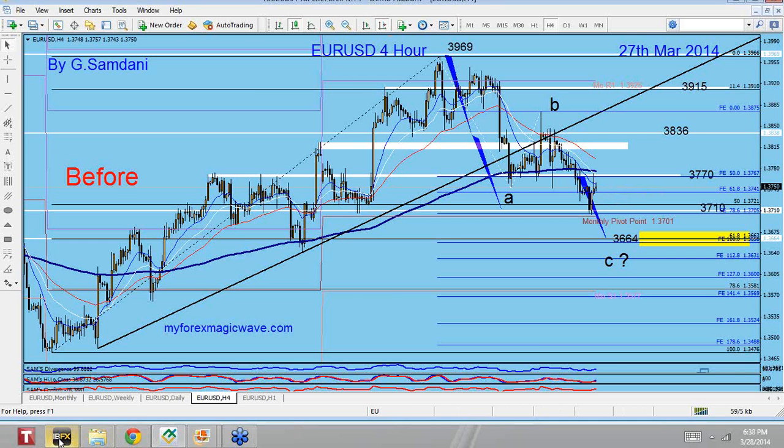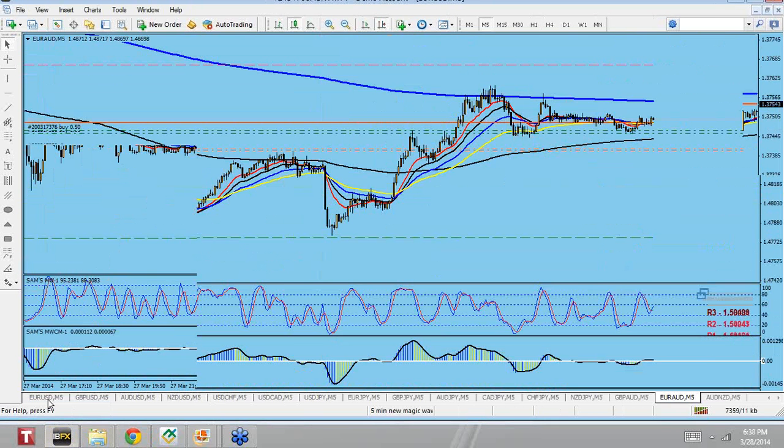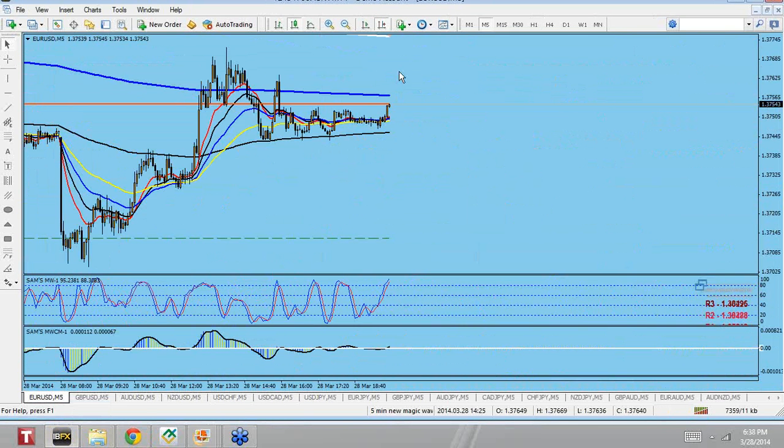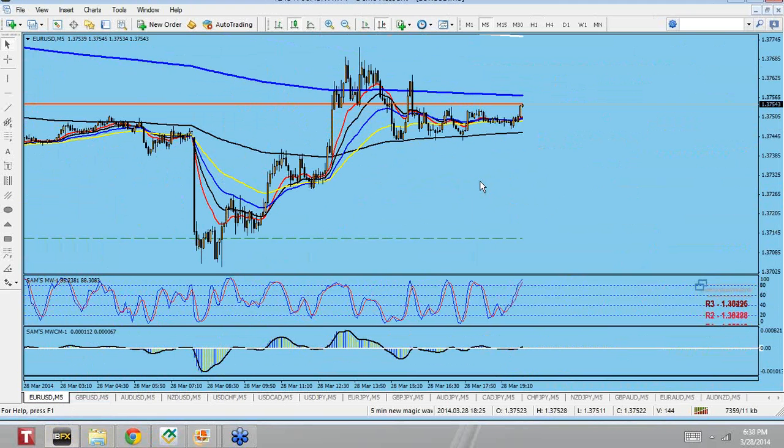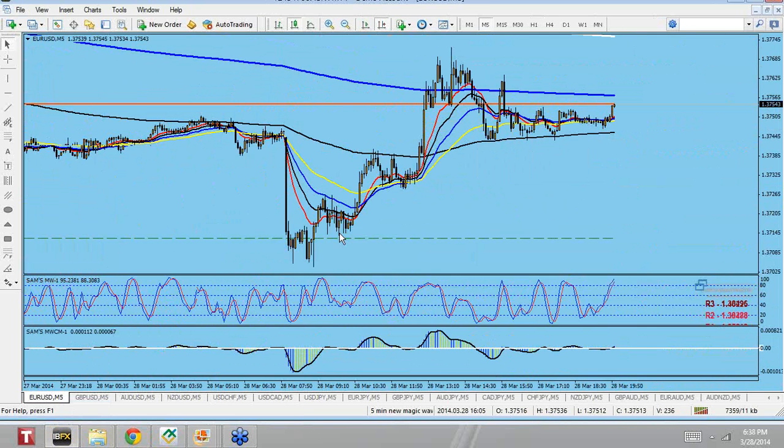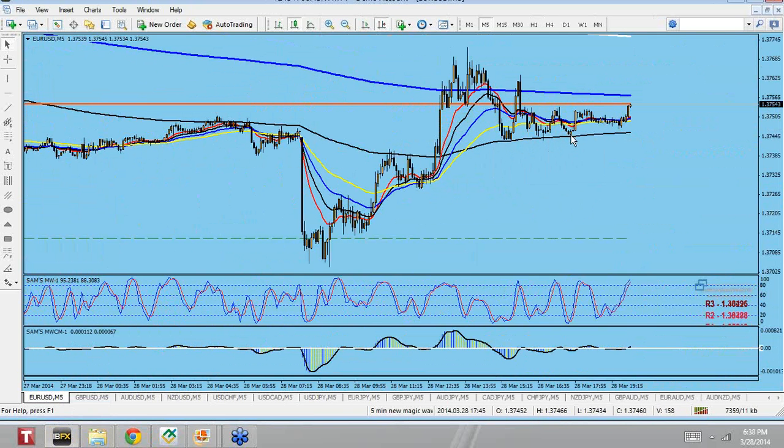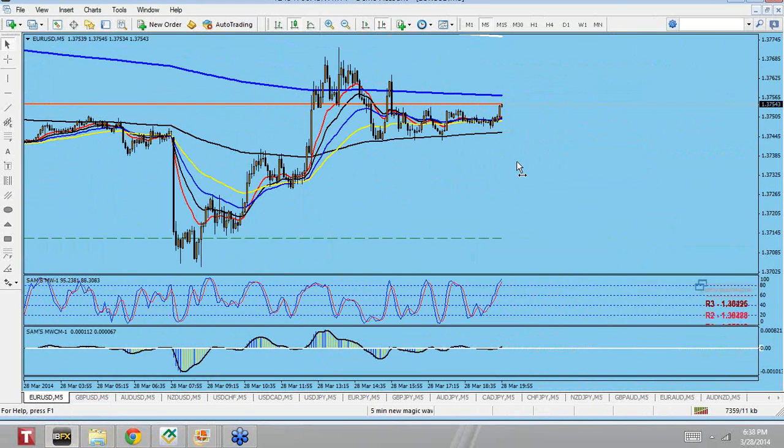Let's see if we can take a look at this Euro, how it is happening. You see now here, this is in no man's land between the 200 EMA of the 5-minute chart and the 200 EMA of the 15-minute chart. It always goes and hits that, and then drops back, finds support here. So now, this is a decision to be made later on.